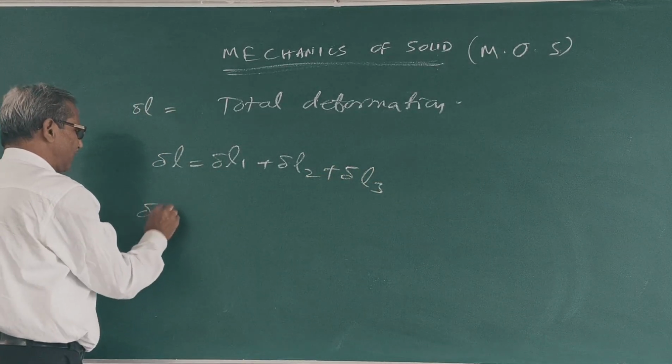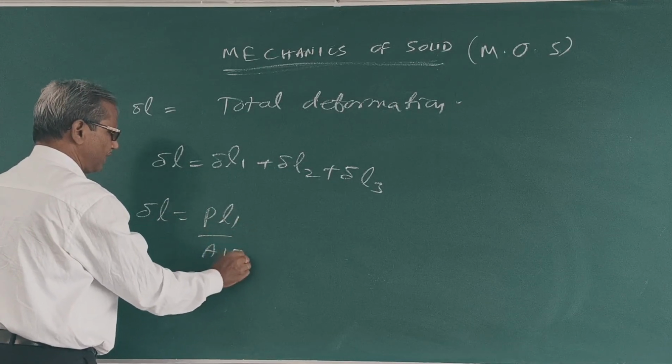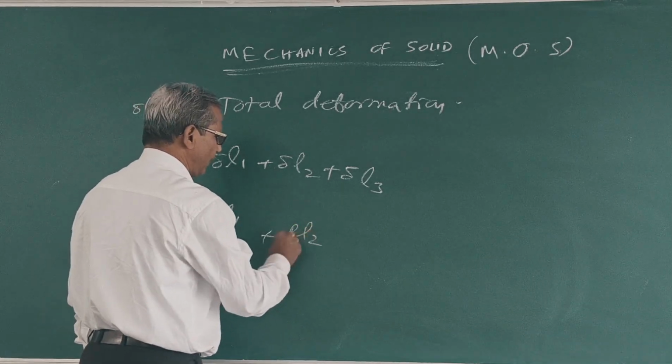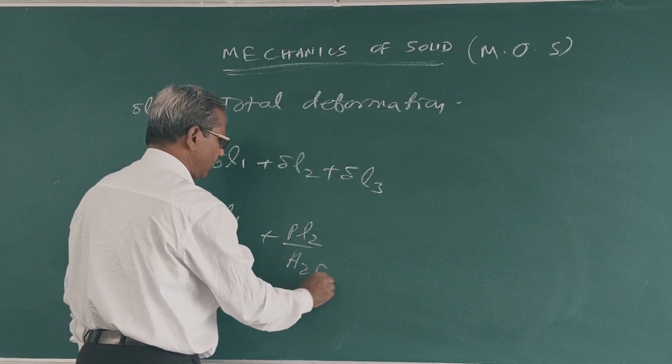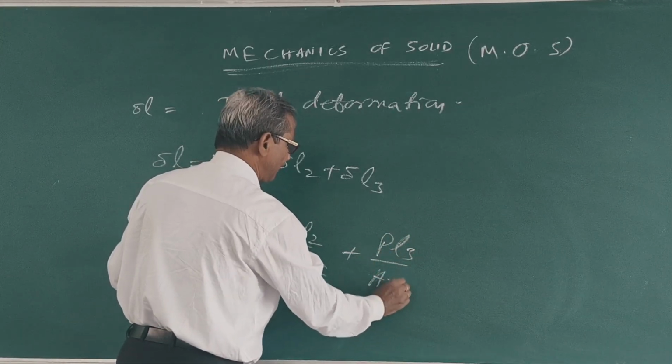So delta L is equal to PL1 by A1E plus PL2 by A2E plus PL3 by A3E.